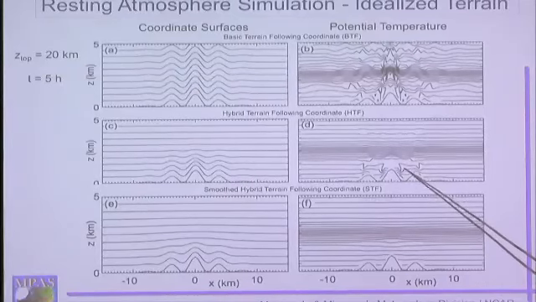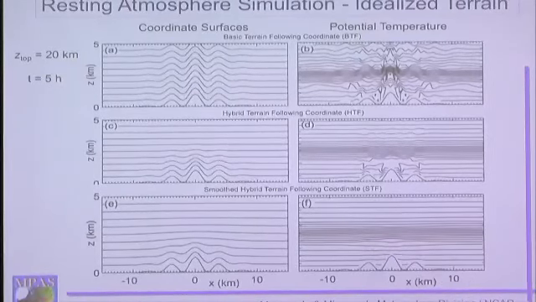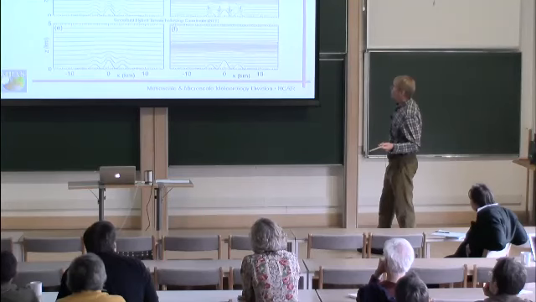They are significantly reduced with the hybrid coordinate and further reduced when we do the smoothing. But if you would move the inversion lower with the smooth coordinates, would it be the same, or would you have an effect like above? Because the inversion could be in different places.